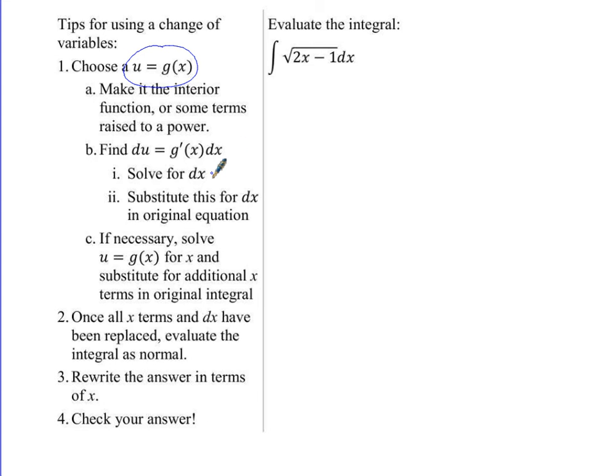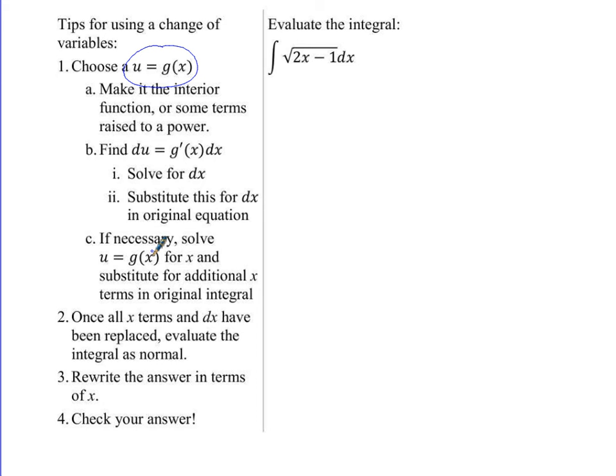A lot of the time you're going to then solve for dx, but sometimes you might not solve exactly for dx, and we'll see examples in which you should not solve for dx. Substitute that in for dx in the original equation. If necessary, you might need to solve u equals g of x, the function that you defined as u, for x to substitute that in as well.